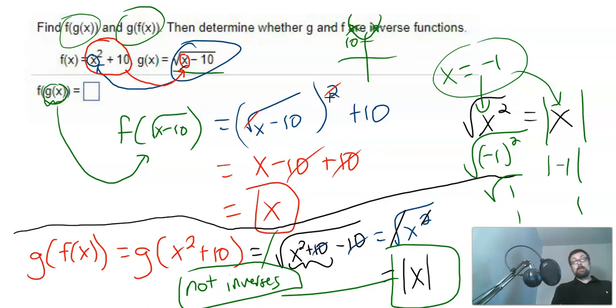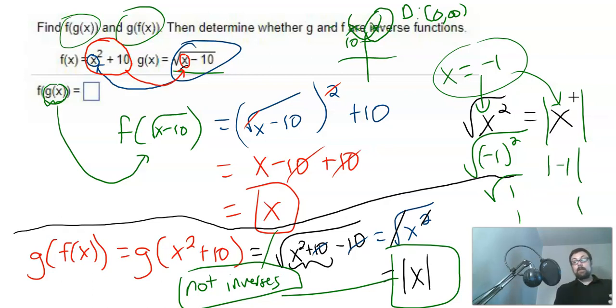Now, if we restricted the domain to just 0 to infinity, that would just mean this part of the graph right here, then it does become one-to-one. How does that fix this situation? Well, if the domain is 0 to infinity, then you don't have negative numbers for x, which means you don't need absolute value, because the absolute value only actually changes anything when you're plugging in negative numbers.